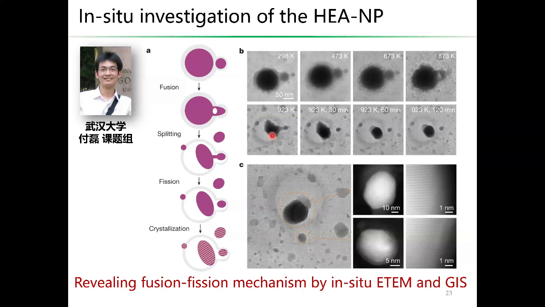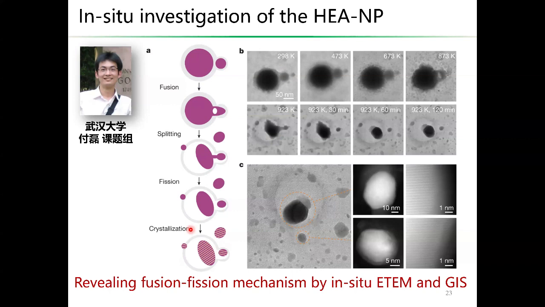nanoparticle forms in an in situ environment, because we can get the hydrogen into the column and see how the reaction happens in these high entropy nanoparticles. We found that the nanoparticles keep continually fusing and splitting, many times during the in situ reaction.